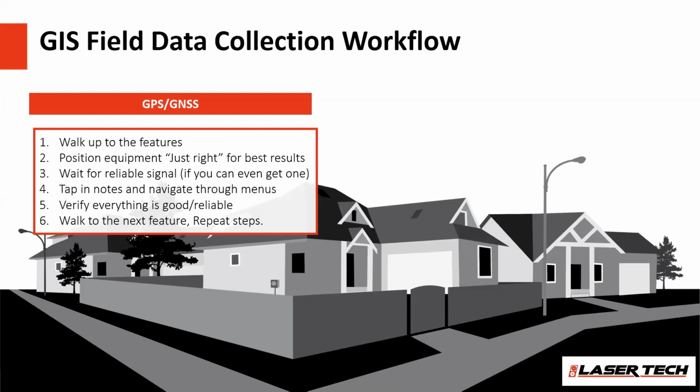Even with more constellations coming on, we don't have to worry about it quite as much, but positioning the antenna, making sure you have a clear view to the part of the sky that you need, can be a challenge sometimes. If you can occupy that point, you collect your point, you wait for your accuracy, you go through your metadata and typing in your notes and everything, and then you accept the point and you carry on to the next one. So that's just a typical GPS alone workflow. You can see it's got some challenges to it.